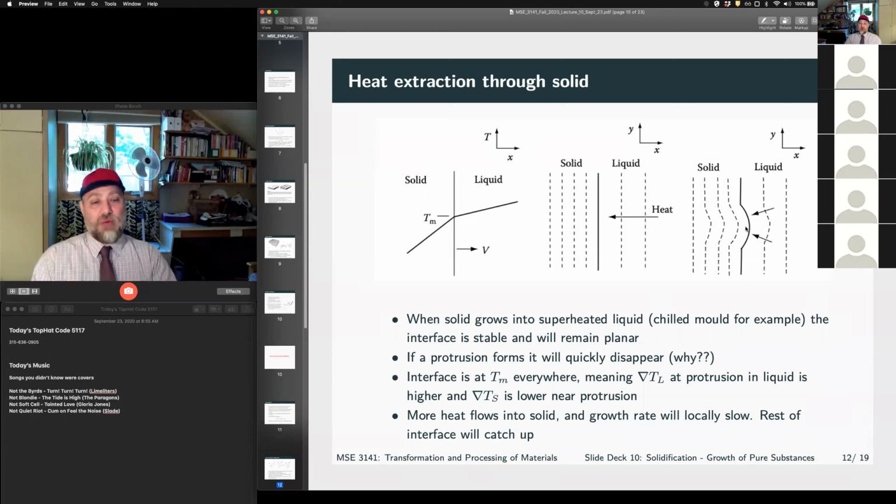That means that more heat is going to flow into the solid here, and our growth velocity is going to decrease here, and the rest of this interface will catch up, right?